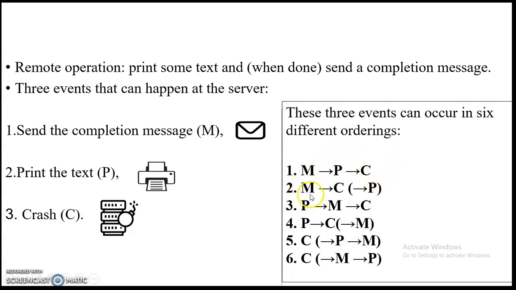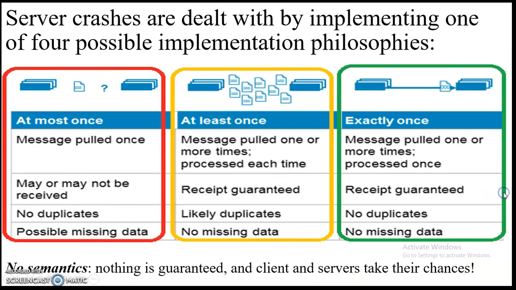In the second case, the completion message was sent, then the server crashed, and then in brackets you see the printing of the text. So after the crash, this particular operation could not be performed. Whichever is in brackets cannot be performed. Similarly, look at the sixth ordering, that is C, and M and P both are in brackets. That means nothing has happened because the server crashed before performing these activities.